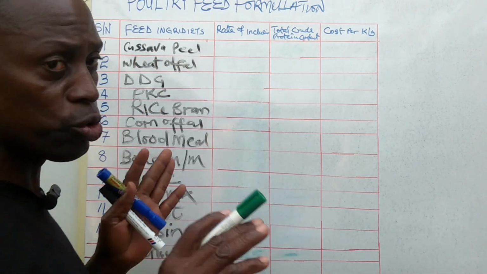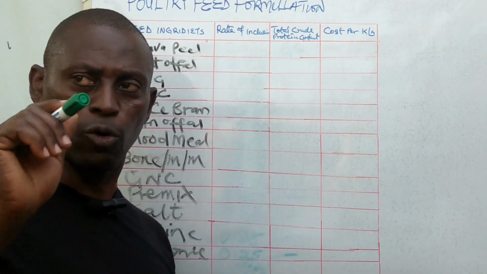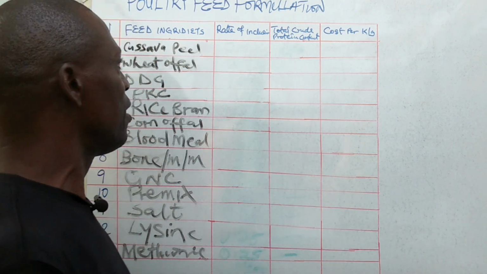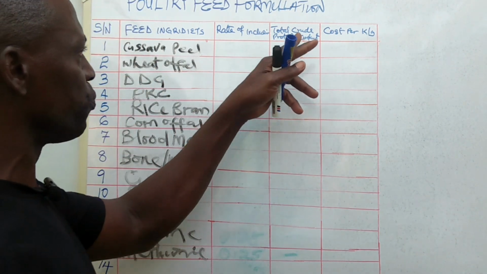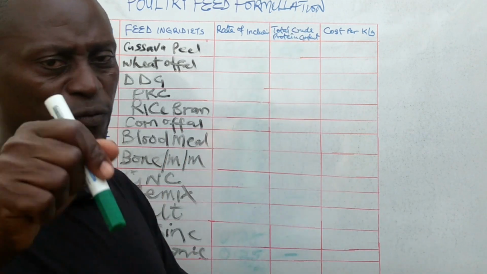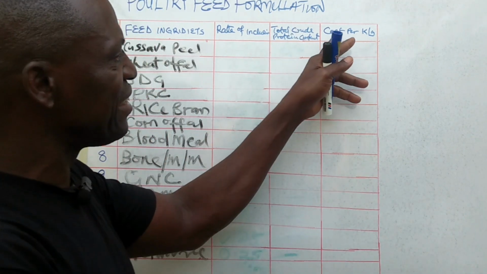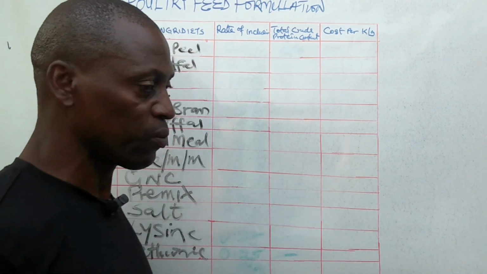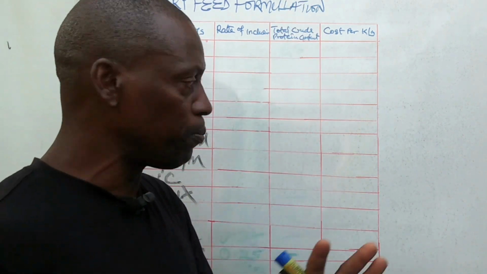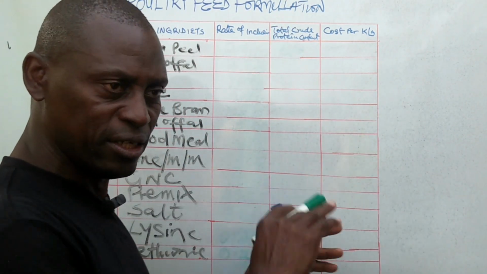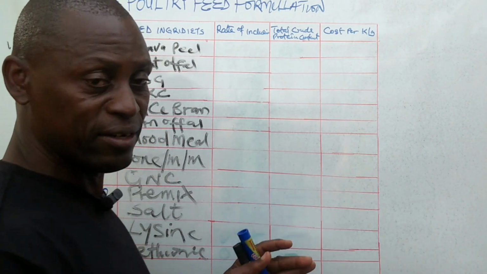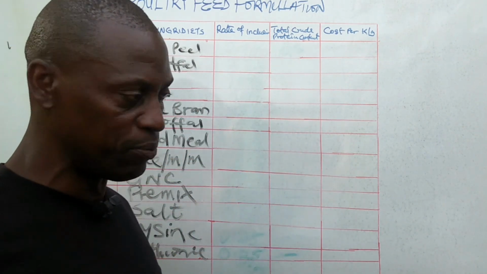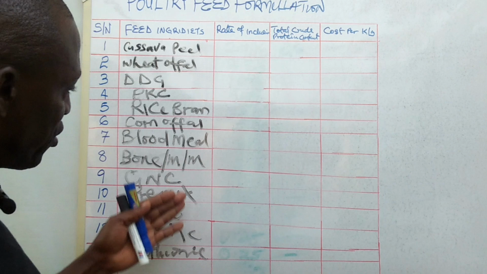These 13 ingredients are going to give us a balanced ration for growers. So let's go there. Now, this is the rate of inclusion. This is the total protein content of each of these raw materials. And this is the price per kg of them in my location. So you can, in your own location, put the price and see if this particular feed is cheap. And it's going to be a very balanced feed because it has a lot of ingredients. You can see them here.